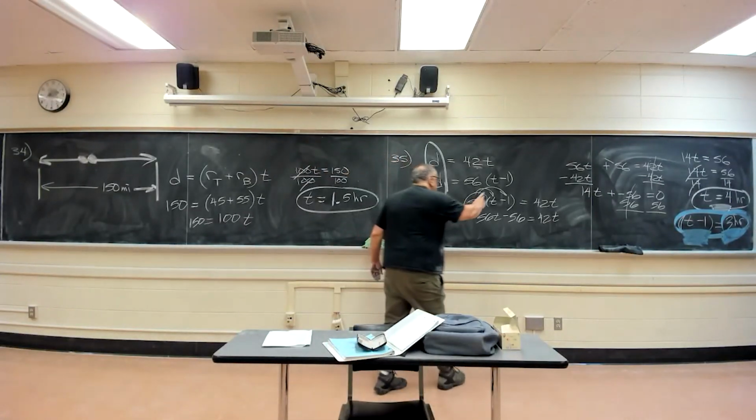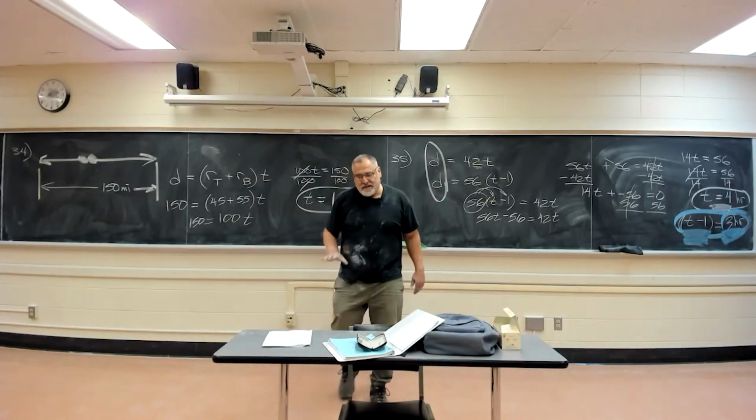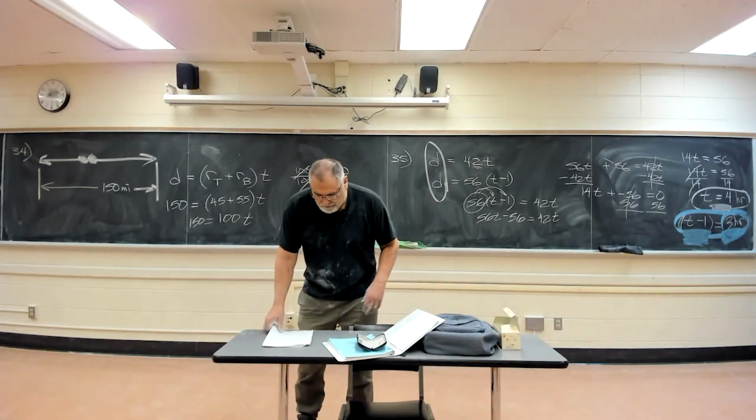Notice you put the 4 here, minus 1, you got 3 hours after the fast one took off. 3 times 56 is 168. 4 times 42 is 168. They didn't ask us at what mileage marker that happened, but it's there.